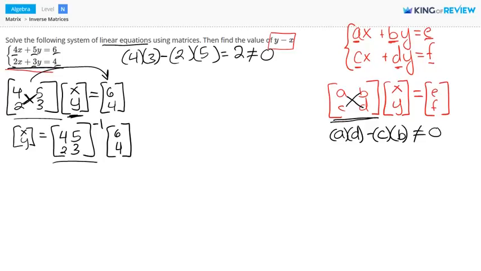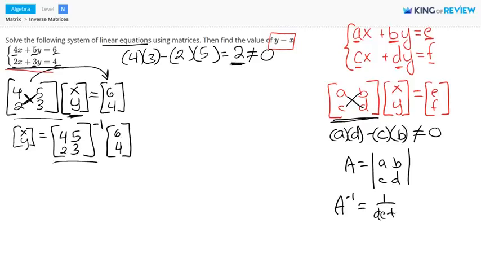So how do we find the inverse? Well, let's say matrix A is a, b, c, d. The inverse of A, so A inverse, is equal to 1 over the determinant, and the determinant we already solved for.